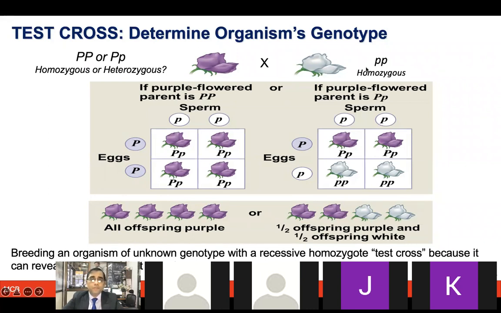This is always fixed. You cross your homozygous recessive with the unknown, where it's not clear what the genetic or gamete composition of this flower is. So what you see here is always small p, small p, small p, small p in both the crosses, whereas the X, which is coming from the purple flower, could be capital P or could be capital P small p.